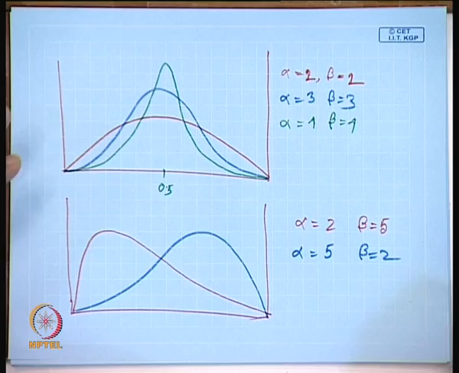So, what we are discussing is that this beta distribution has specific lower and upper bounds, and just by controlling these two parameters we can give it different shapes and different skewness, and it can even be the uniform distribution, by selecting both parameters equal to 1.